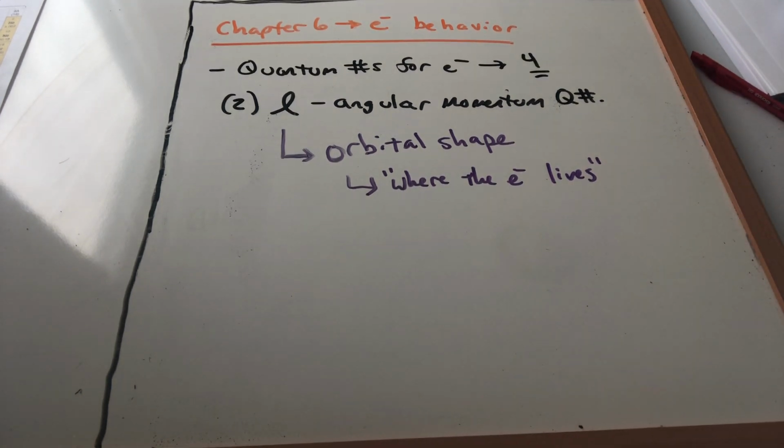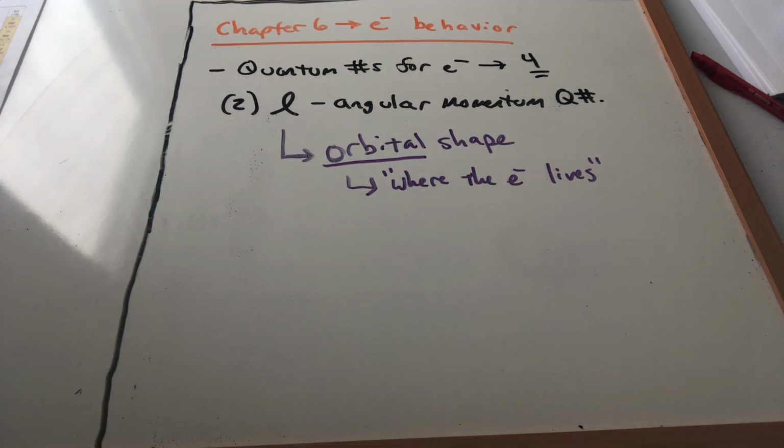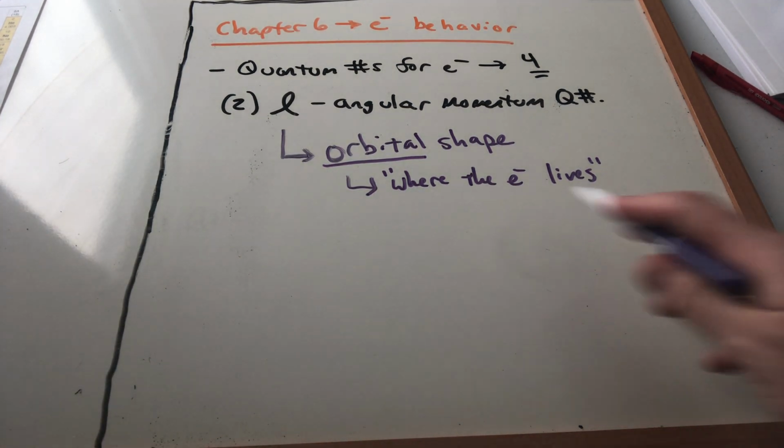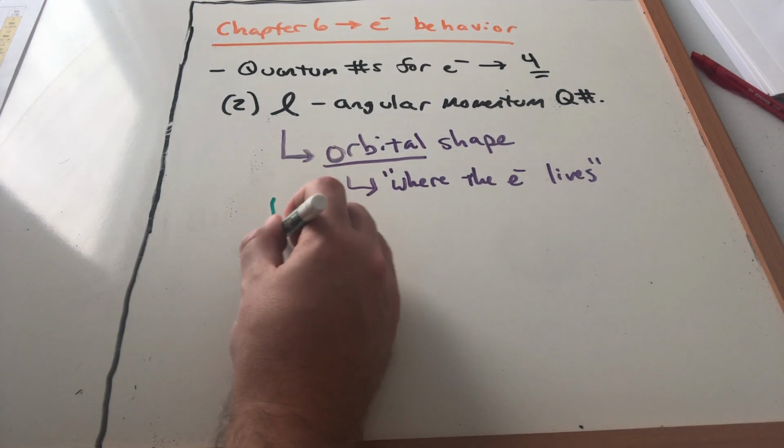And it doesn't actually exist in orbits, even though we use the word orbital. It's not like planets in the solar system, okay? Where the electron lives is more complicated than that. But l tells us that, okay? So l can have certain values because there are only certain spots around the nucleus where the electron can live.